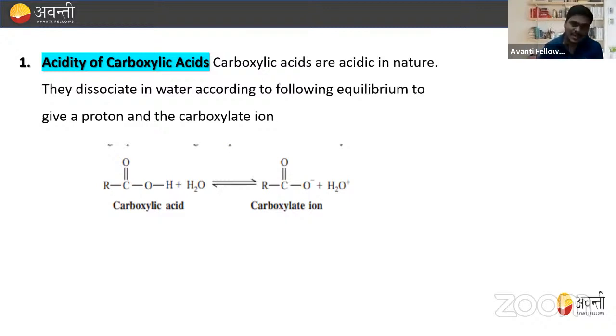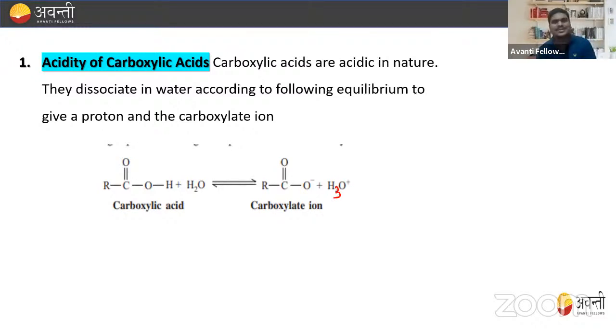Basically, carboxylic acids are acidic in nature, and they dissociate in water according to the following equilibrium to give a proton and a carboxylate ion. Carboxylic acid RCOOH reacts with H2O and dissociates into RCOO negative plus H3O plus, so this gives us a carboxylate ion.